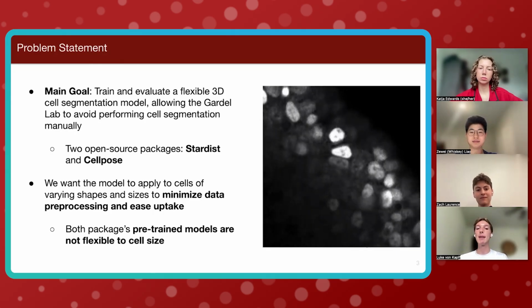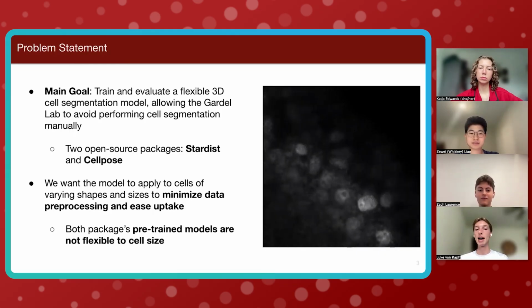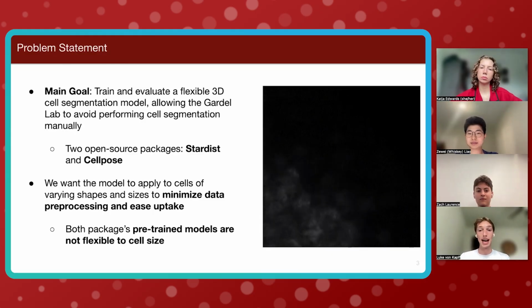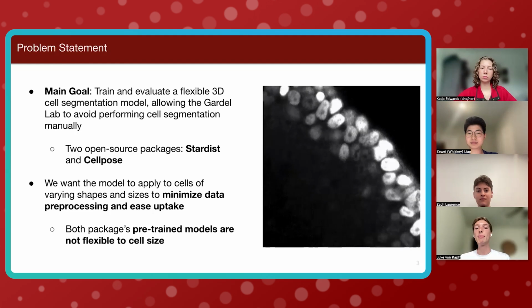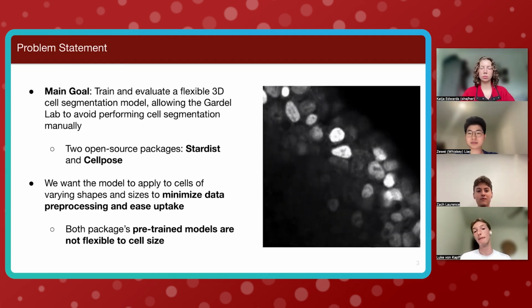In addition to saving time on manual cell segmentation, we also want to save the Gardel Lab time in pre-processing their data. So we want to train a model that's flexible and robust to a wide range of cell sizes and shapes. This is also important because scaling data during pre-processing often tends to lose information.